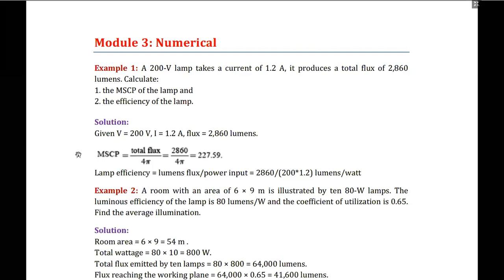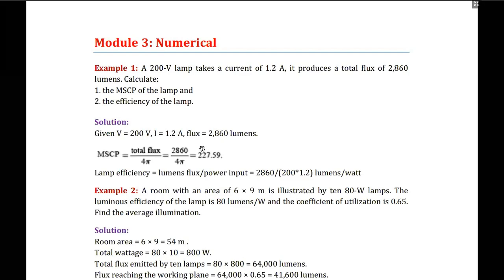All direction में कितना हमारा total flux है? एक होता था MHCP, horizontal direction में कितना हमारा horizontal plane. So ये MSCP है in all direction. Total flux कितना है? So that is 2860 divided by 4 pi. So simply you will get the value of MSCP.